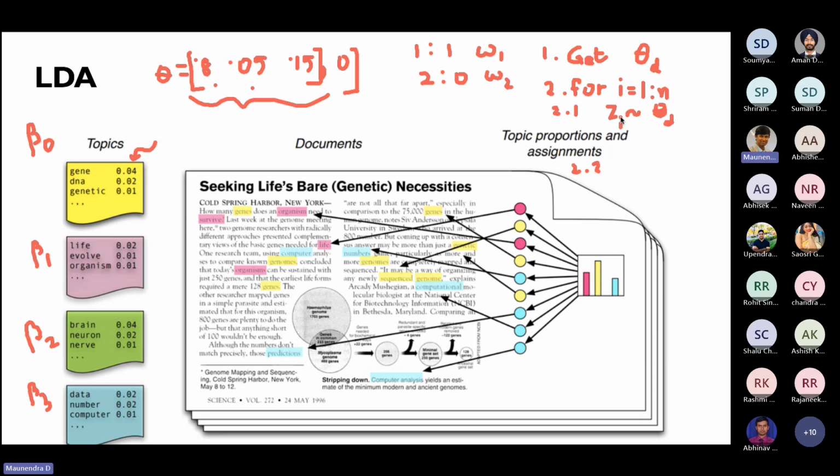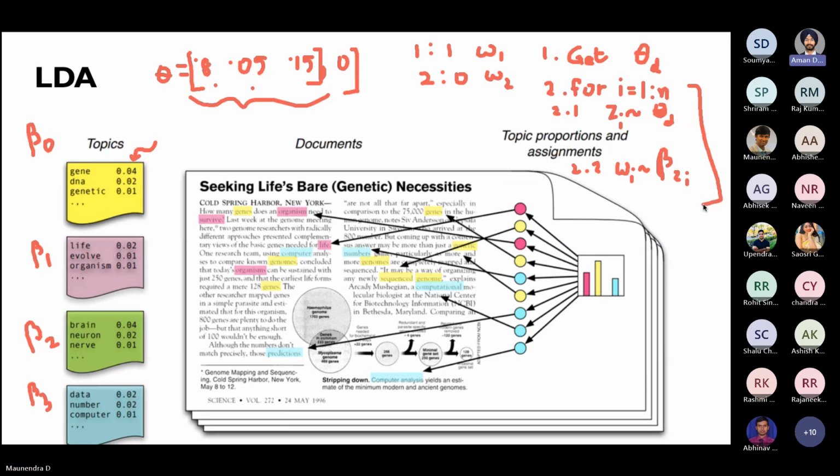For the ith position the topic is Zi, and the word itself is Wi, which I'll generate by looking at beta Zi. I keep repeating this till I have generated the required number of words.